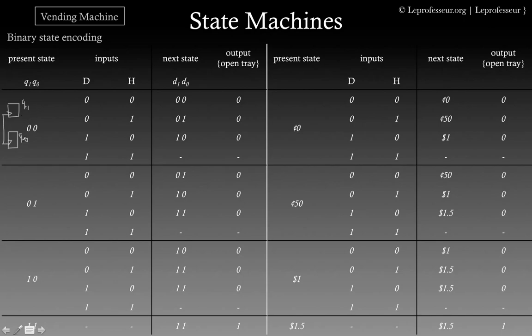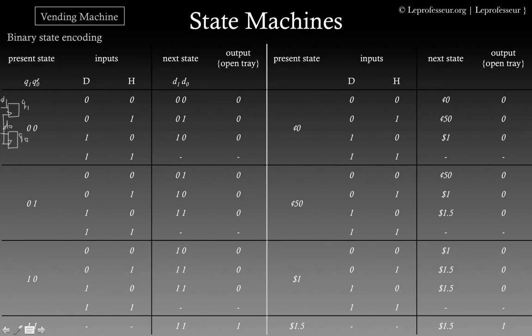Same way, the next state would be my D1 and D0 here. Remember, the next state D1 D0 means the state on the next clock edge, that is D1 becomes the input for the Q1 flip-flop, and Q1 becomes the current or present state.